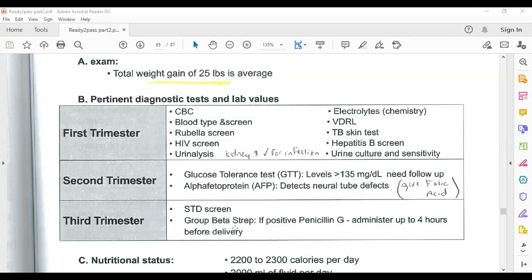So what are the tests we have to do for group B streptococci? Vaginal or rectal culture taken at 35 to 37 weeks.